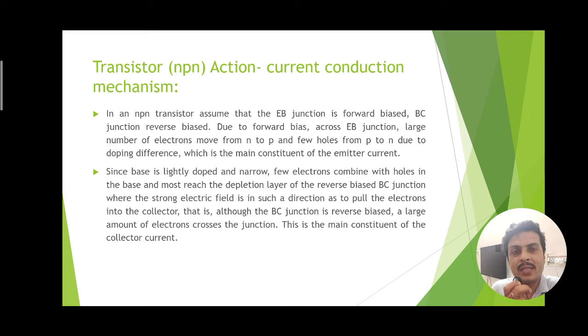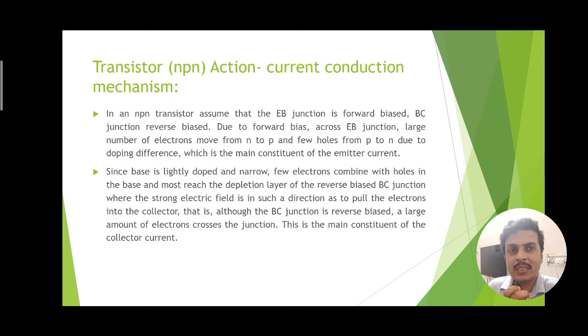And since base region is applied with negative voltage, therefore holes from the collector region will be entering into the base region towards the battery terminal. So we are talking about the battery which is reverse biasing the collector base junction. Therefore minority charge carrier holes will be entering into the base region due to the negative voltage applied to the base region.